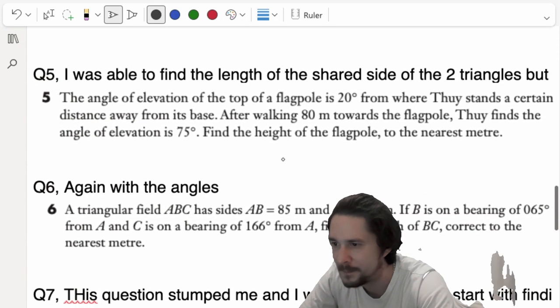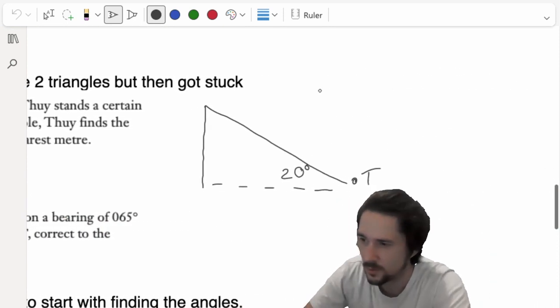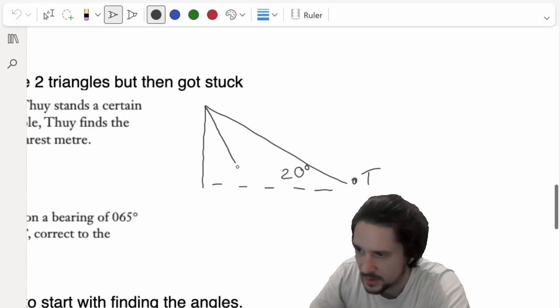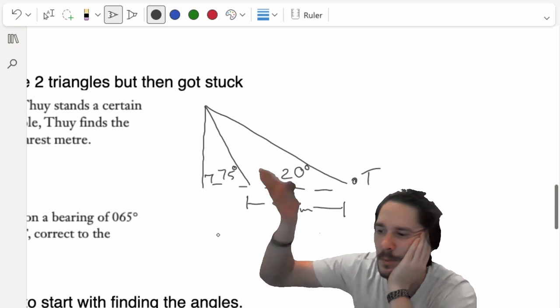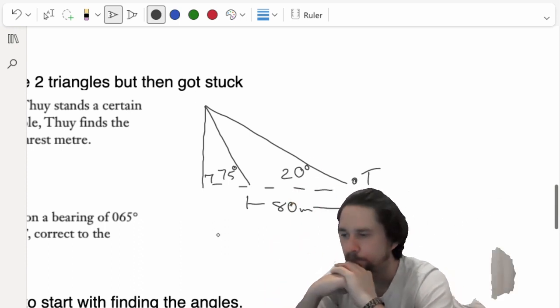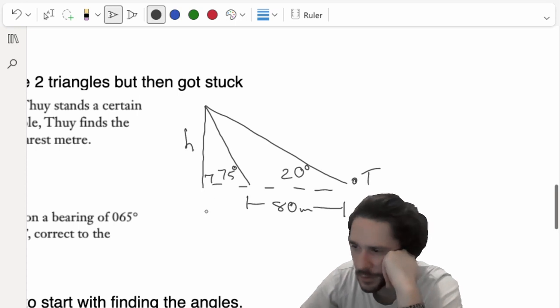He walks 80 meters closer, and then the angle of elevation is 75 degrees. So let's say that this is 75 degrees, and he has walked 80 meters, like that. This is a right angle because we assume a flagpole stands straight up. So we want to know the height of the flagpole.